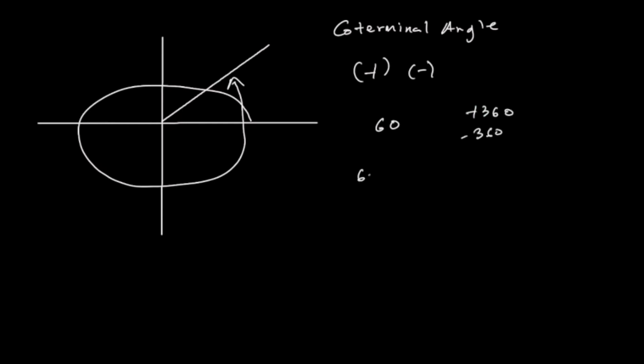If we add 360, you get 420. And if we subtract 360, you get negative 300. Both would be the same because you notice if you go around, you would come to 60, and if you go this way, you come back to 60.